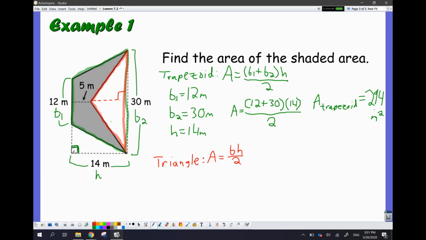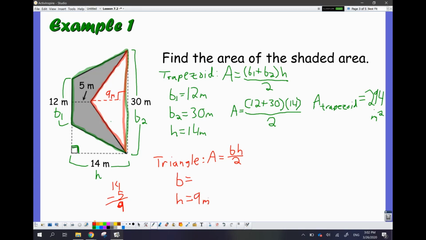Now I know that if the total length from side to side is 14 and this part is 5, then I can subtract 14 minus 5, which gives me 9. Which means that this height for the triangle is 9 meters. So I'm going to put a B here for base, which I'm going to find right now. And I'm going to put an H for height, which I now know that is 9 meters.